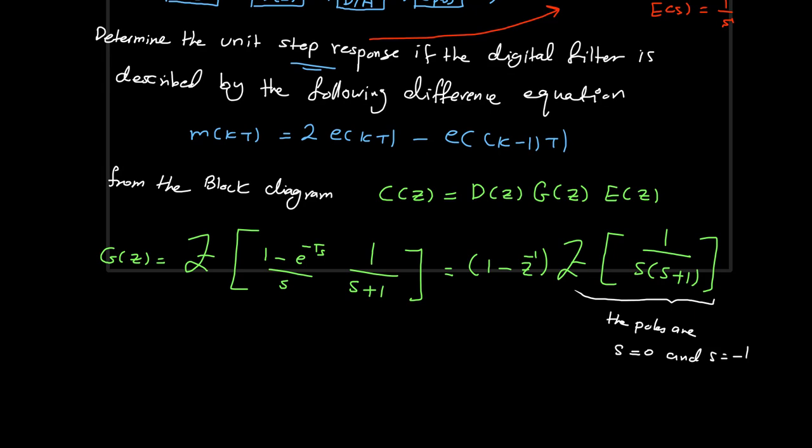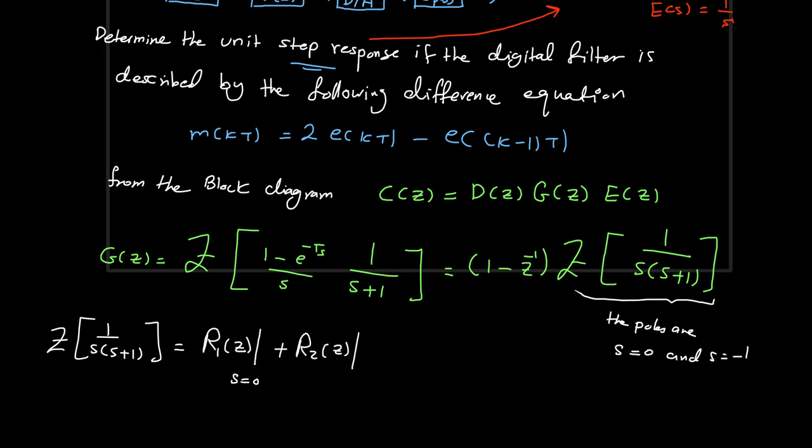So now, the Z transform of 1 over S(S plus 1) will equal R1 of Z at S equal to 0 plus R2 of Z at S equal to minus 1.